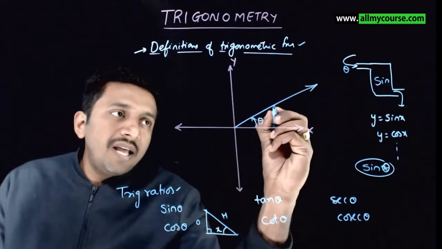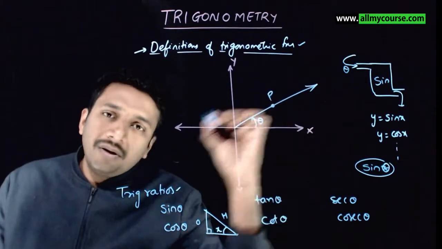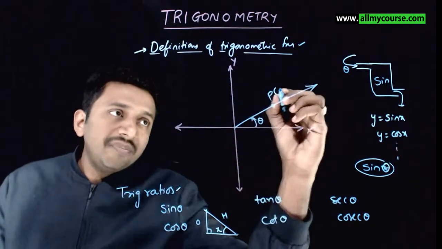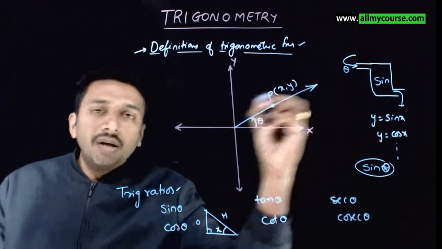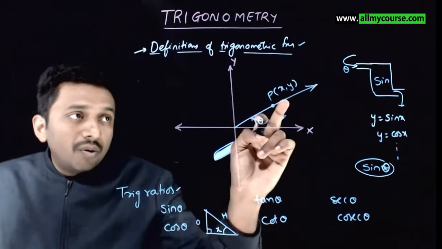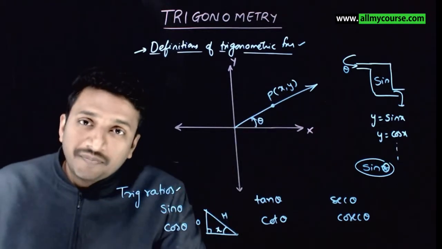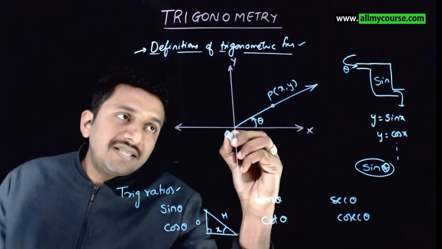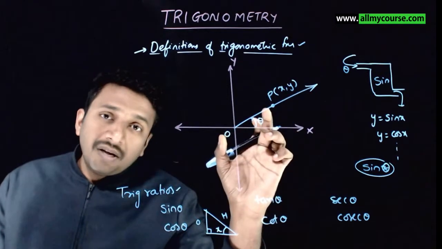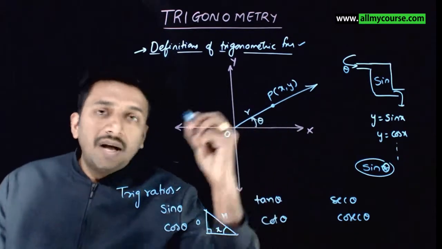Now on this ray, you take some point P, any point can be taken. Let the coordinates of this point be x comma y, and let the distance of this point P from origin be equal to r.